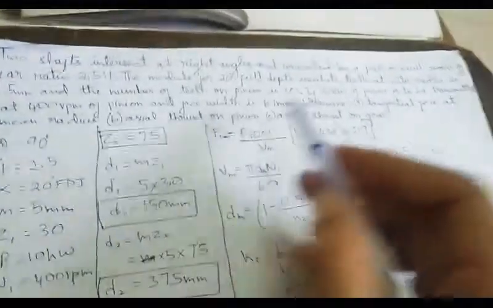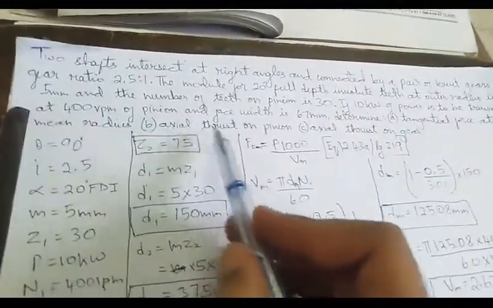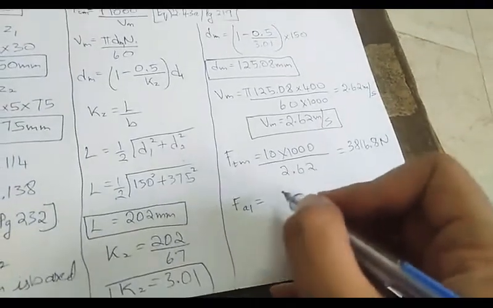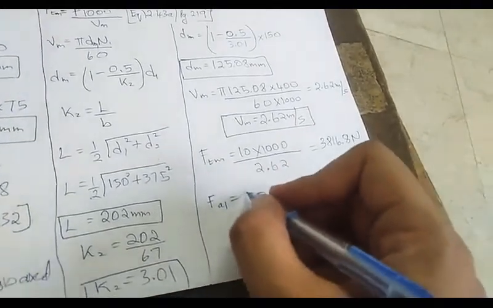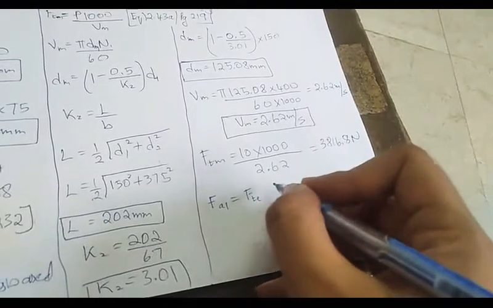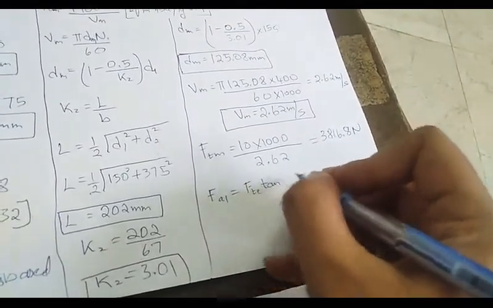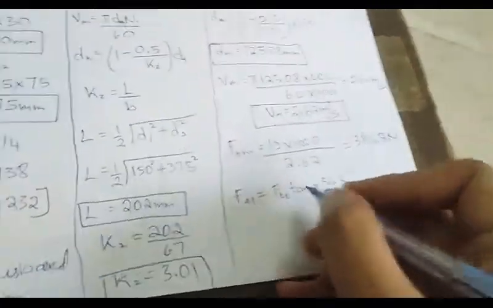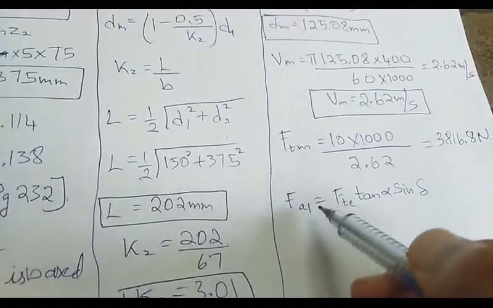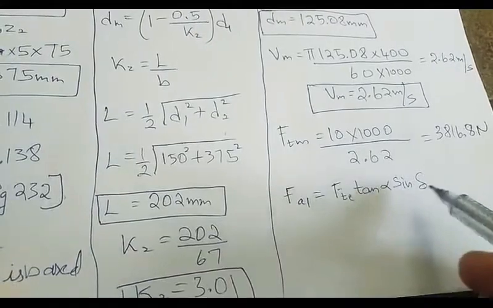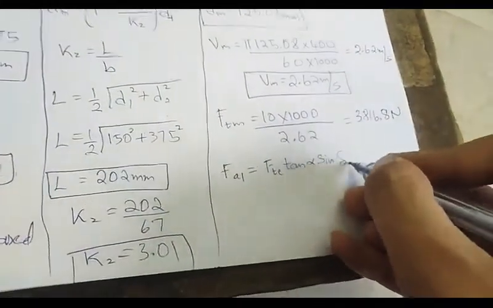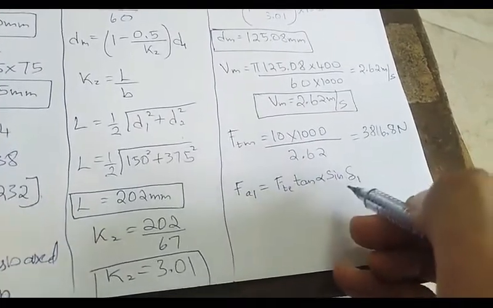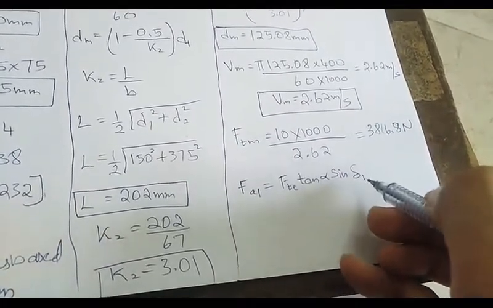Since in the question they have asked us to find axial thrust on pinion, we will call this FA1, which is FTE tan alpha sin delta 1. The alpha is fixed, we cannot change it. The only variable we can change is delta, which is delta 1.